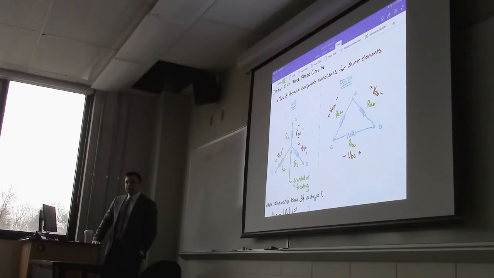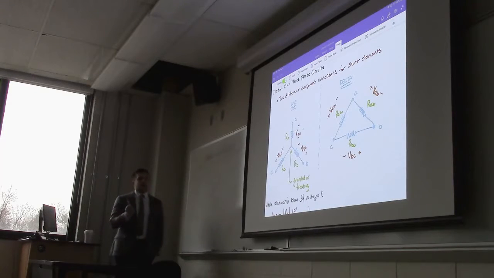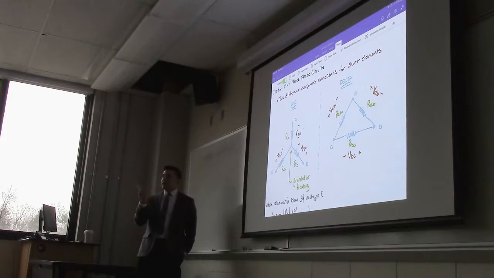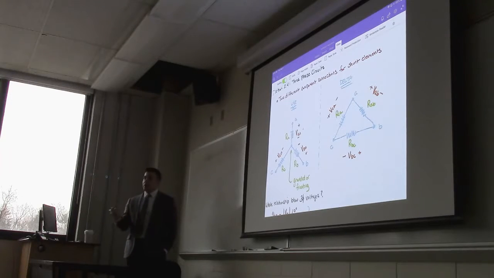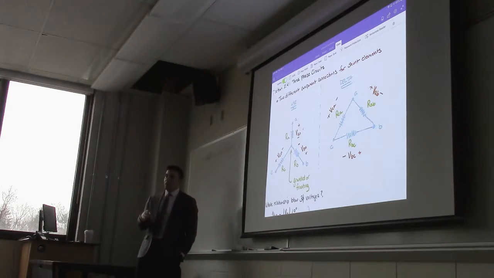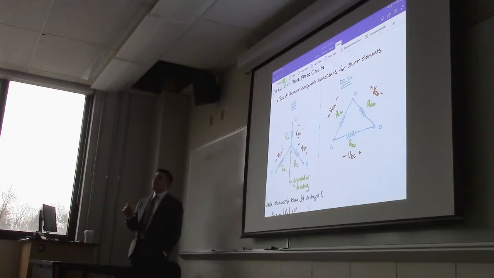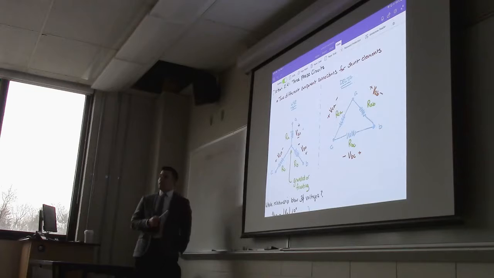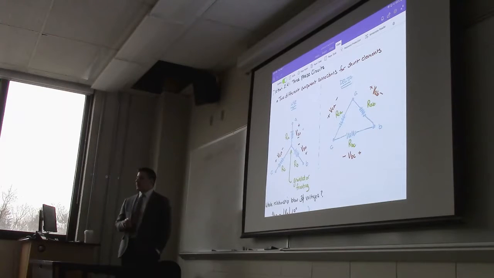Now, how does per phase analysis loop back into our discussion of Y and delta connected loads? Why don't I ask you? How does the use of per phase analysis tie into our use of Y and delta connected loads, which one we prefer? We talked about converting back and forth, although I haven't given you the specific equations yet. In a per phase analysis, which would you rather see? Why?